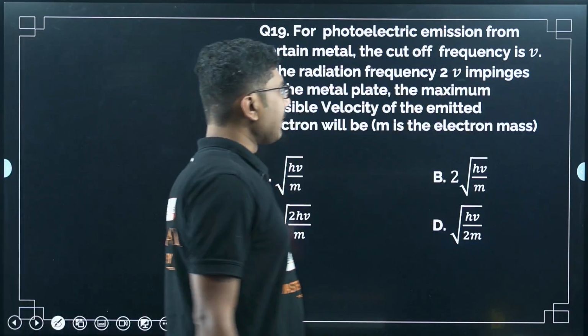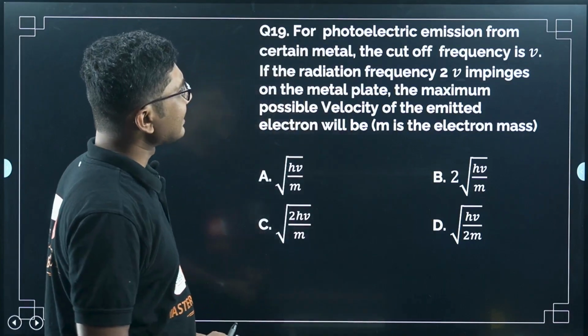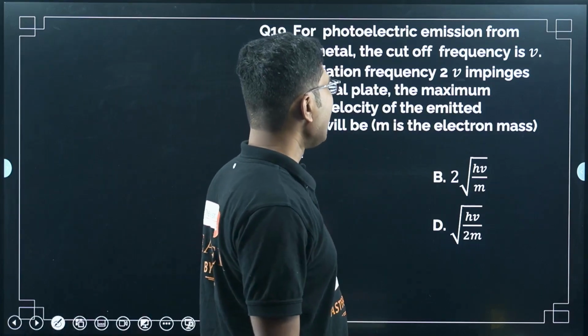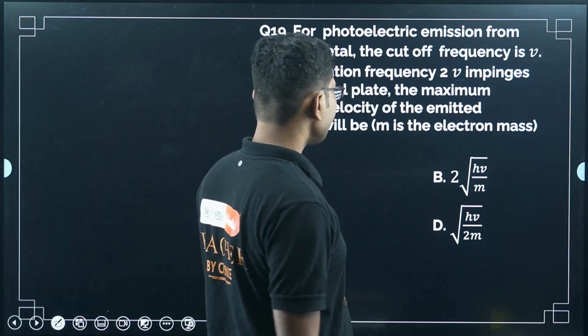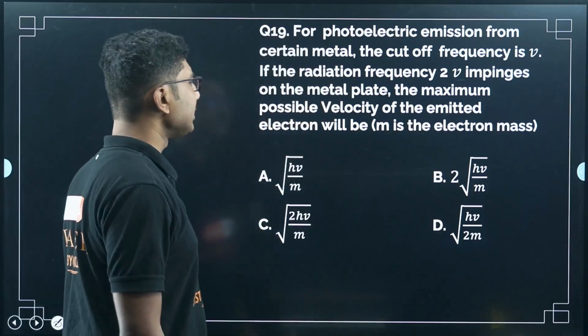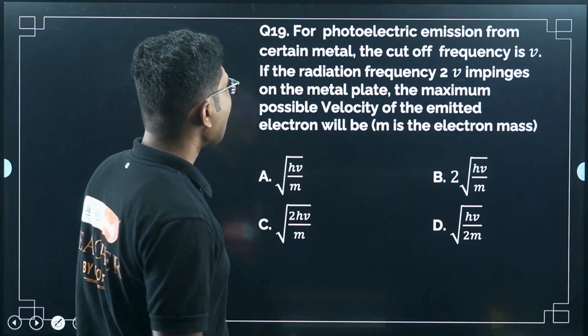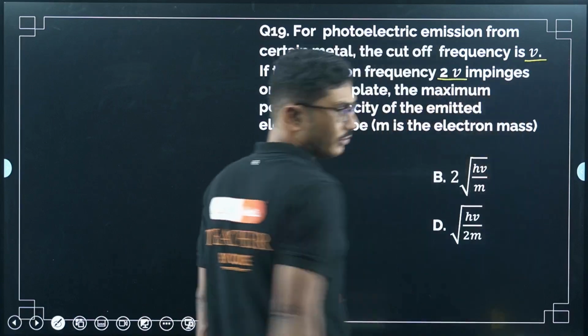For photoelectric emission from a certain metal, the cutoff frequency is nu. If radiation of frequency 2 nu impinges on the metal plate, then the maximum possible velocity of the emitted electron will be? So the cutoff frequency is given as nu, and the incident frequency is 2 nu, right?